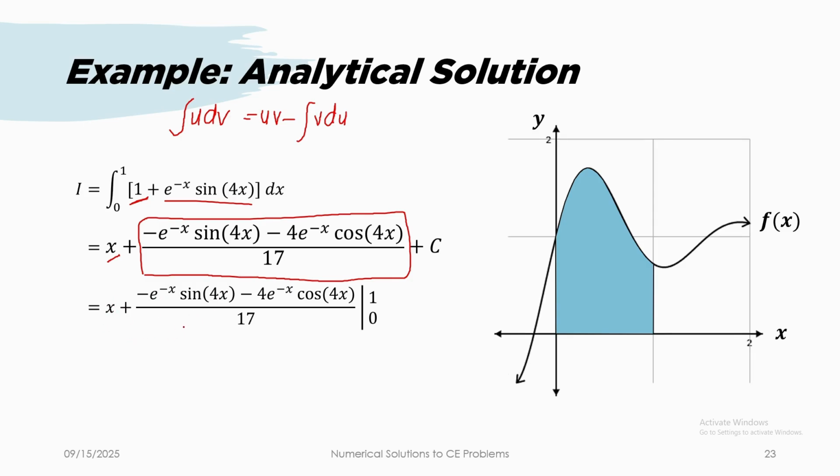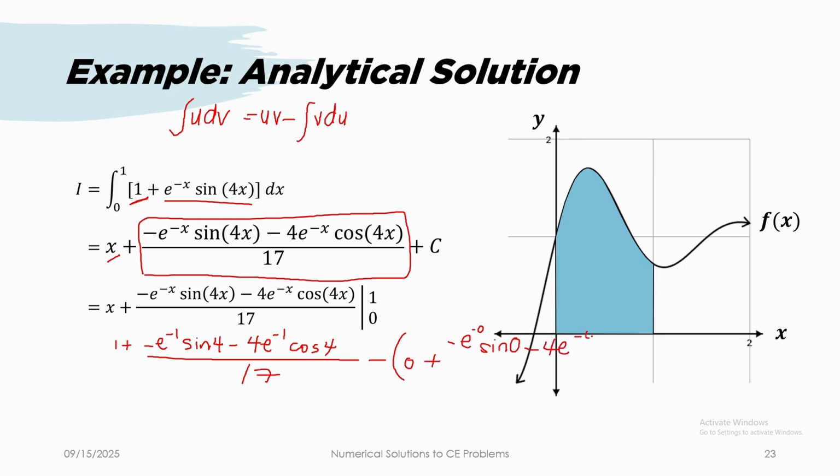So 1 plus negative e negative 1 sine 4 minus 4e negative 1 cosine 4 over 17 minus 0 plus negative e negative 0 sine 0 minus 4e negative 0 cosine 0 over 17.